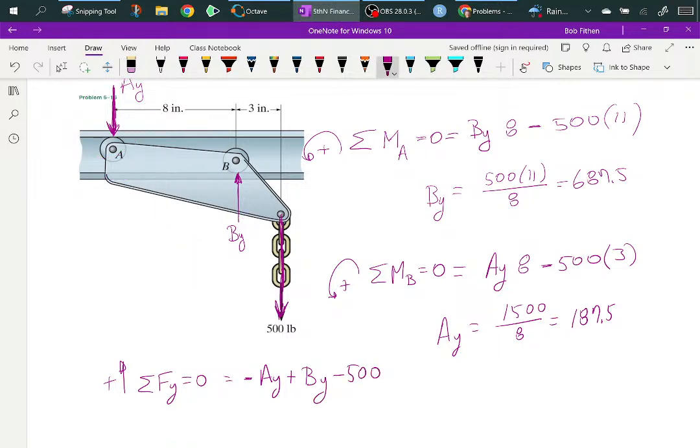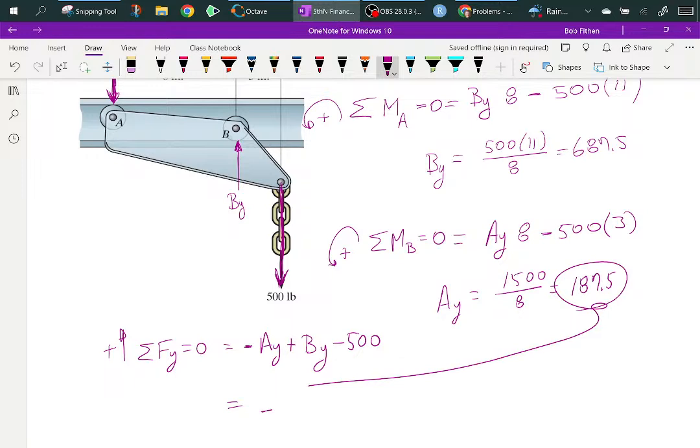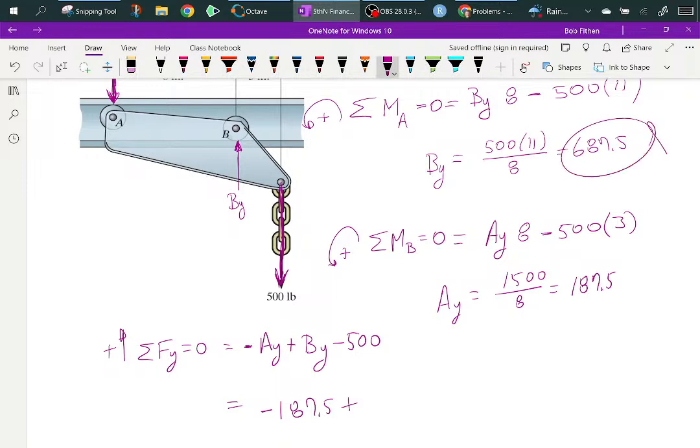Well, I found those from before. I'll take the AY, put in here, minus 187.5, plus my BY, put right in here, 687.5, minus 500.